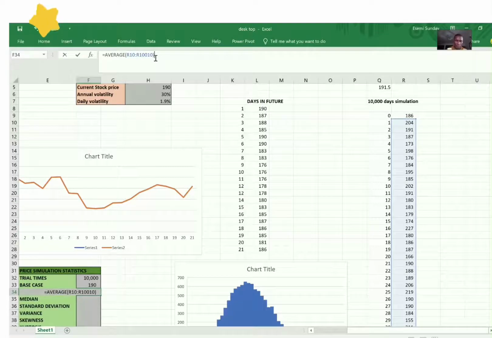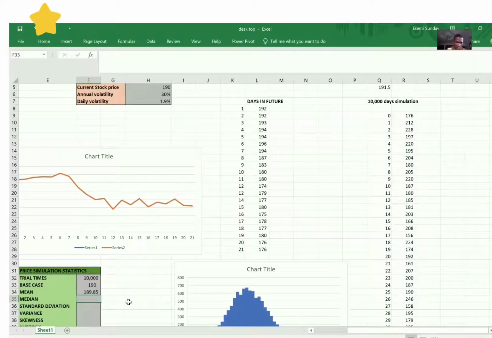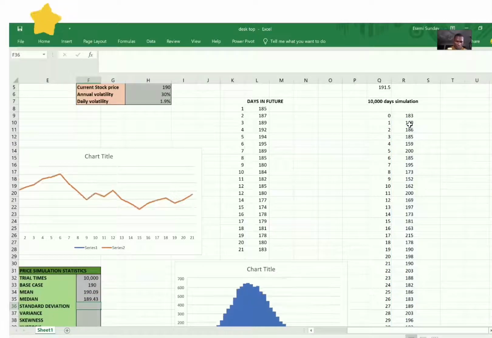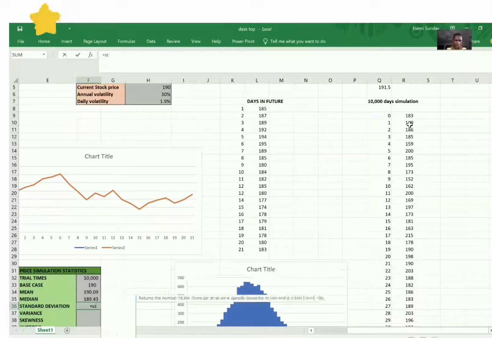All right, that gives us the mean price and the median price. The median price from this up till you have 10,010. That's our median price. Then the standard deviation.